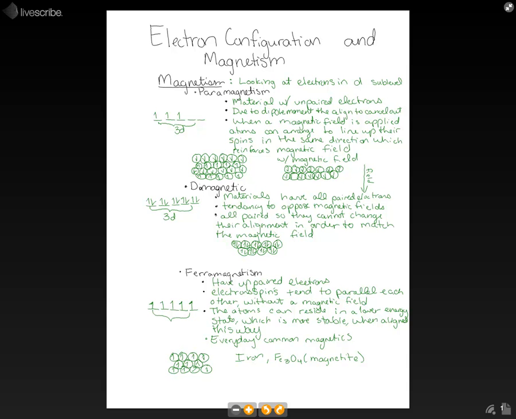And then one of the very strong magnets that is used in many commercial applications is going to be neodymium. I'll spell it out here and let you decide how to pronounce it. And lots of strong magnets are going to be this type of magnet. And that is how the electron configuration and the magnetism are very closely related.